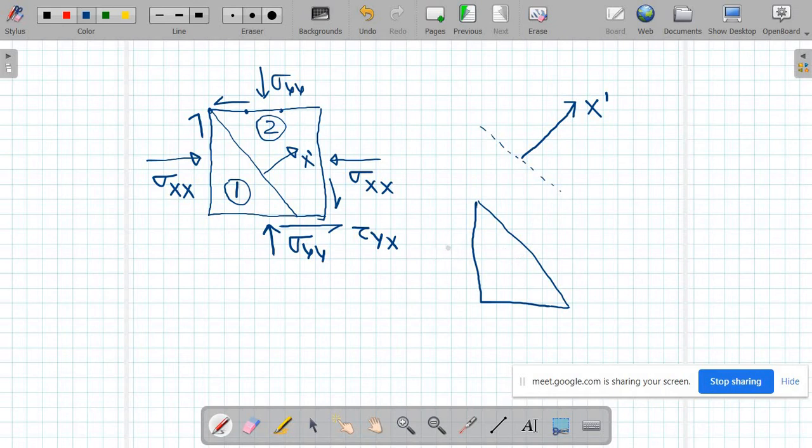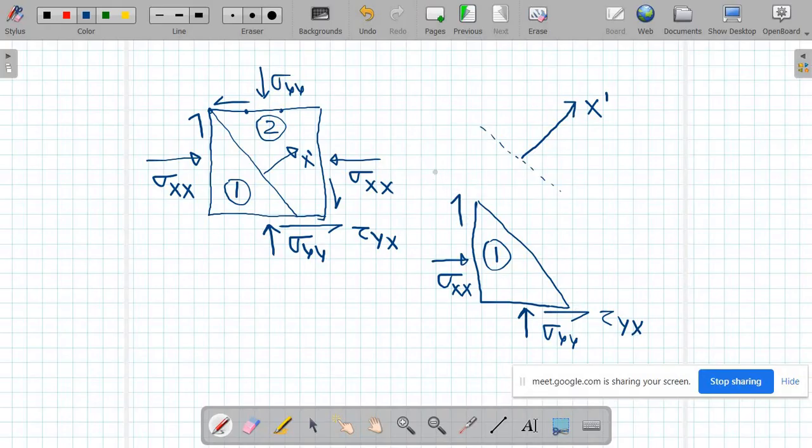Now, this is block 1, and this block experiences the stress like that. Probably you know the yx and xy nomenclature.